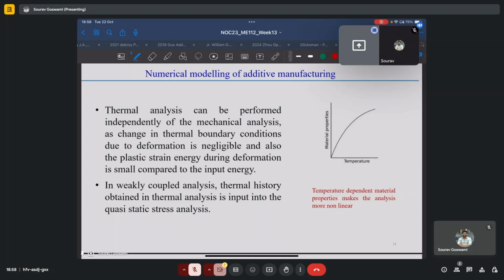So a high fidelity model will always have temperature dependent properties compared to constant properties. However, for a very basic model or for an initial flavor of modeling, we can work with constant properties as well, as it will just make the computations easier and will give us some idea of what the overall process is like.